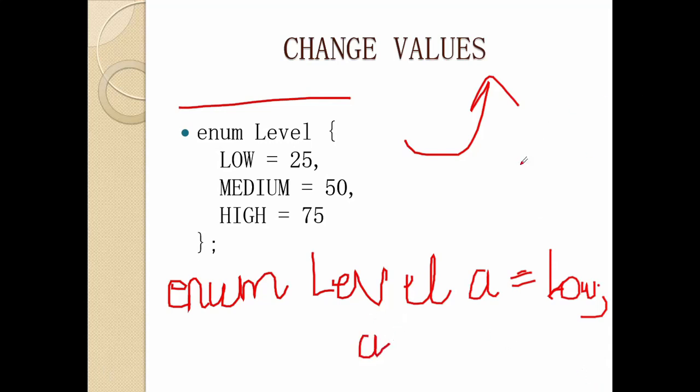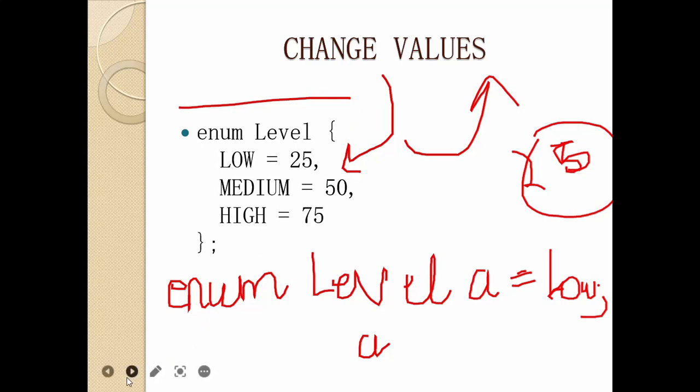The value that is going to be printed is 25. This time it's not going to be 0. Why? Because that was the default case when we are not defining the values, but here we are defining the values at the time of declaration only. Then it takes the value given by the user, that is 25. That is as simple as that.